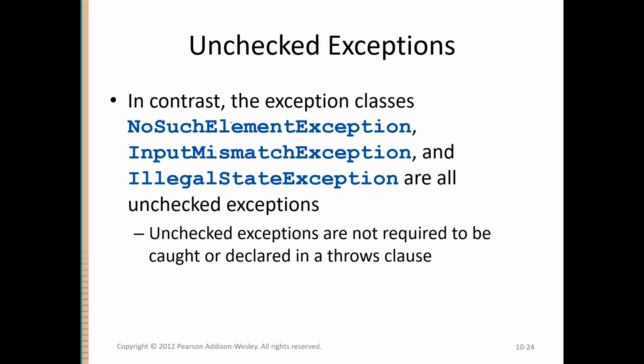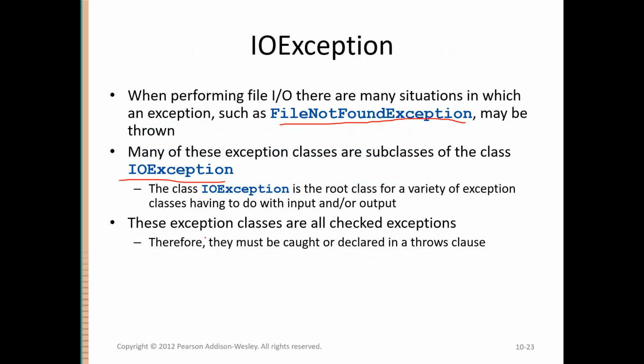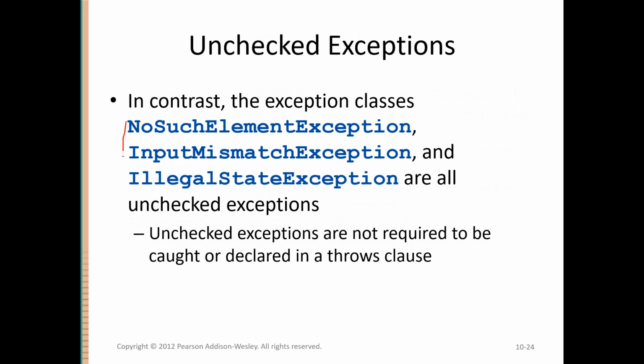Anyways, these are called checked exceptions. Checked exceptions must be caught or declared in a throws clause. That means either you catch them or you throw that exception. Some exceptions are unchecked exceptions, like NoSuchElementException, InputMismatchException, and IllegalStateException.